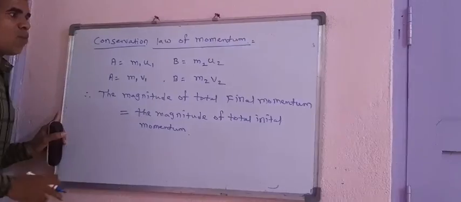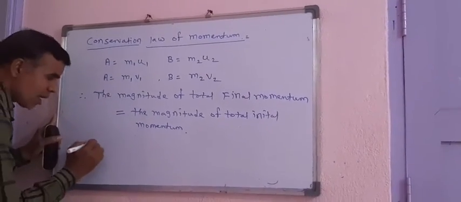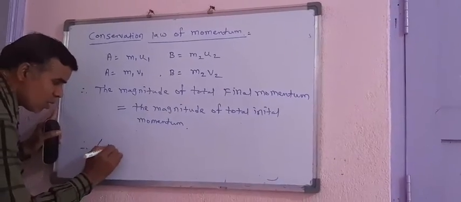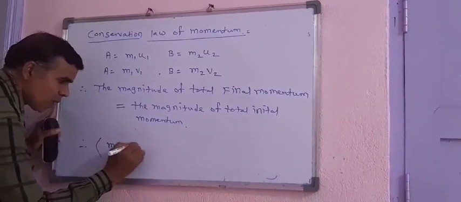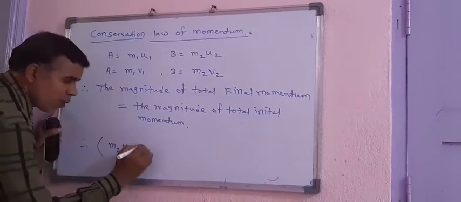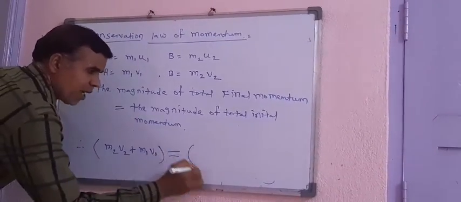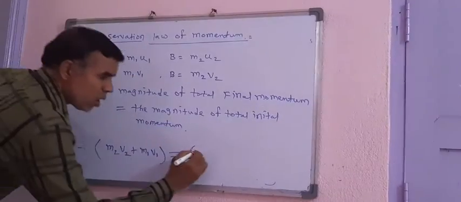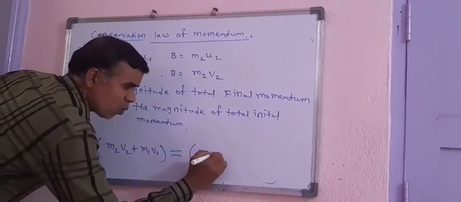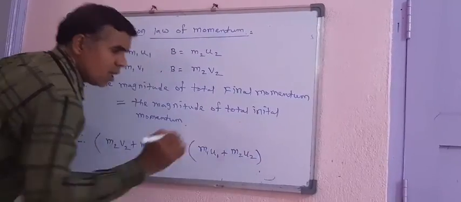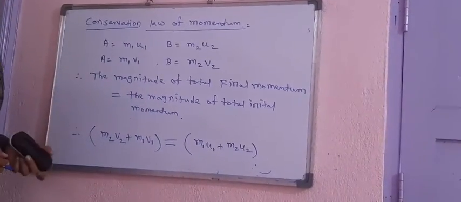Therefore, final momentum m1 v1 plus m2 v2 is equal to initial momentum m1 u1 plus m2 u2. It is the law of conservation of momentum.